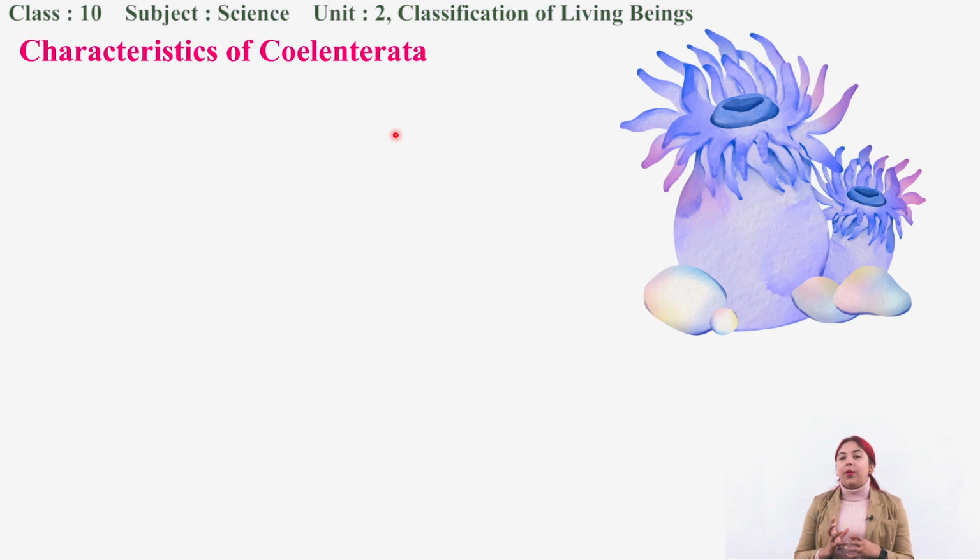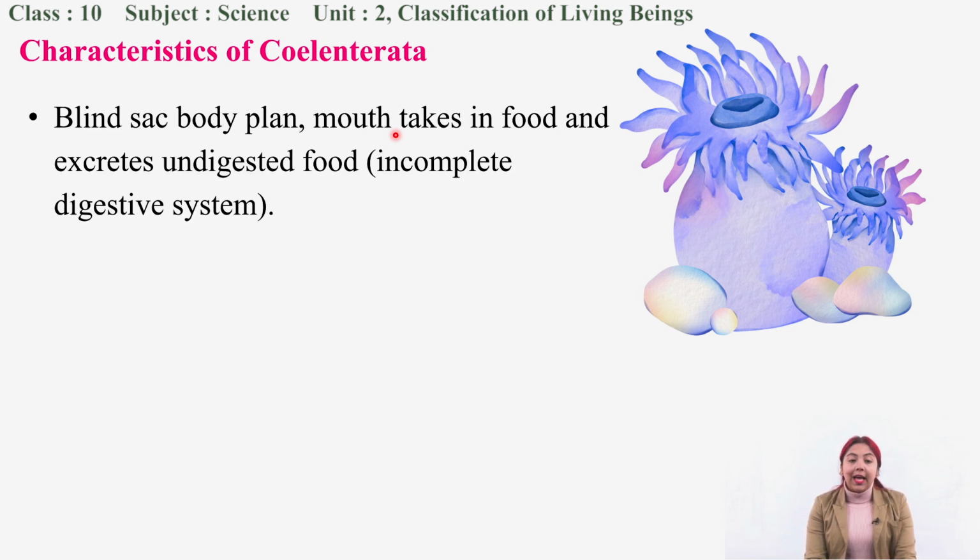Now let us study a few other characteristics of Coelenterata as well. They have a blind sac body plan, which means that it has this pouch-like structure that only has one single opening. That is known as blind sac structure. Blind means it only has one opening. Now that opening is called the mouth. As you can see over here, this is a mouth, and inside it has this blind sac-like structure because it does not have any other pores in the body.